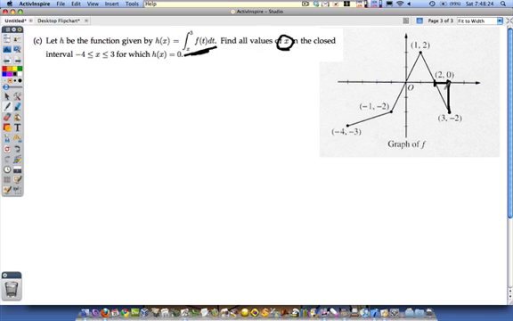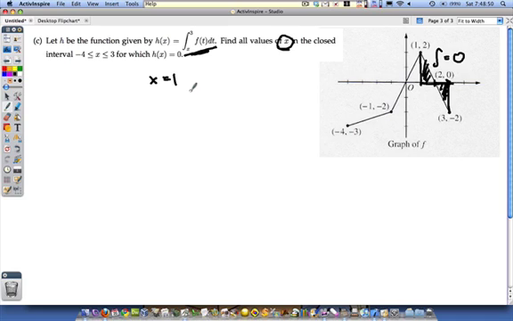No, it's going to be negative because of that area. But from 1 to 3, look what we have. We have a positive area triangle and a negative area triangle, and they're the same size. So this integral is going to be equal to 0, won't it? All right, so at x equals 1, this integral is going to be equal to 0.